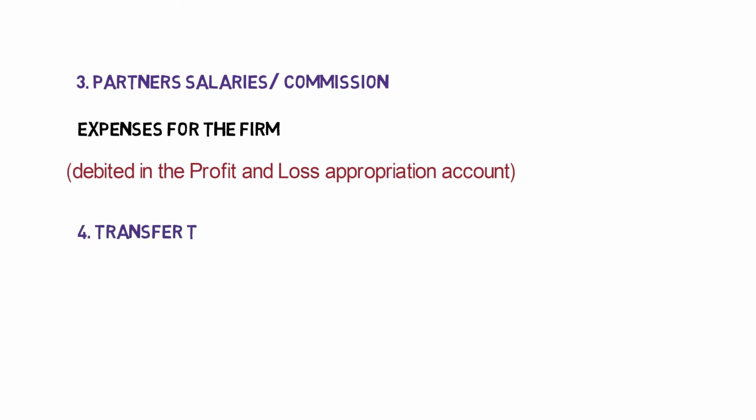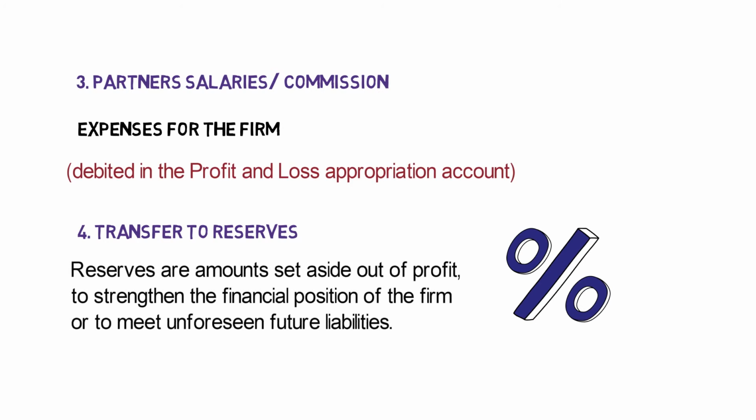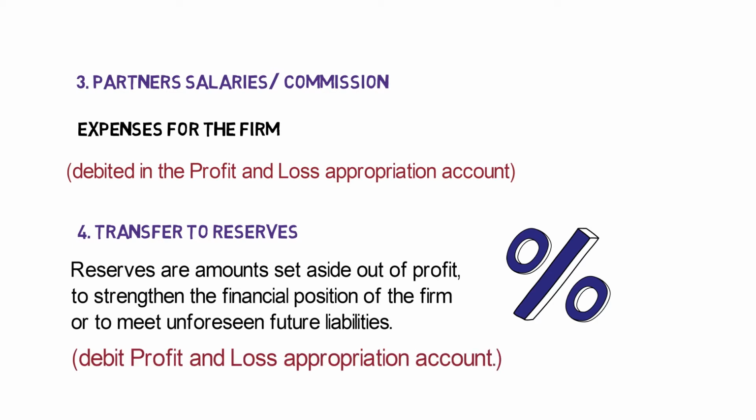Transfer towards reserves. A firm may decide to transfer a percentage of net profit to the reserves. Reserves are the amount set aside out of profit to strengthen the financial position of the firm or to meet the future unforeseen liabilities. Transferring the profit to the reserve, you will have to debit the profit and loss appropriation account.